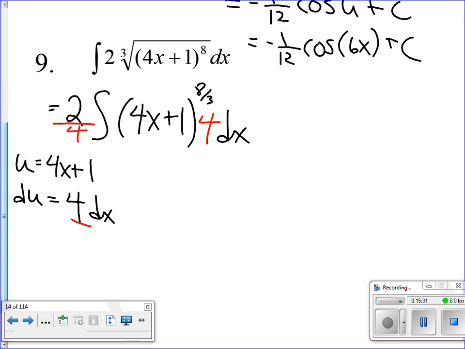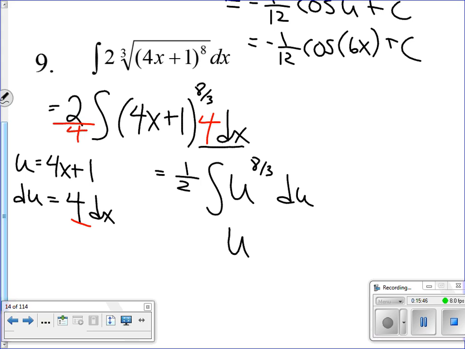Now when we rewrite this, we have 1/2 the integral of u to the 8 thirds du, right? This is just your du. Now we take the antiderivative, we add 1 or 3/3 to the old exponent, giving us 11 thirds.